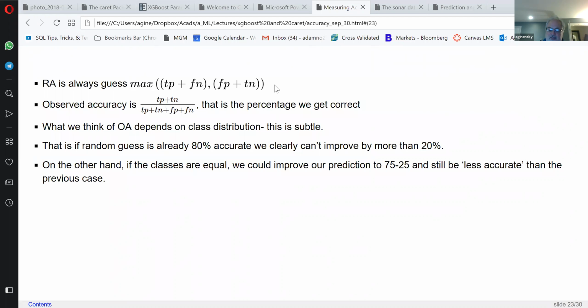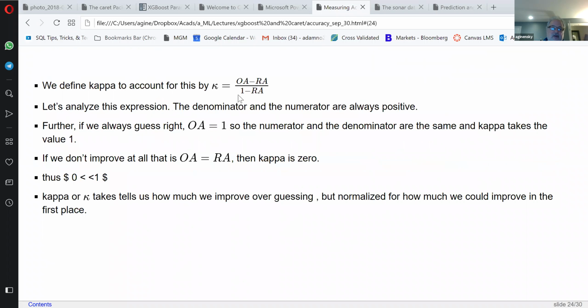So kappa is simply a way to measure that. Kappa is the percentage you do get right minus the dumb guess, so how much you improve, divided by how much you could improve, right? So if random accuracy is 80%, the most you could improve is 20%. So observed accuracy minus random accuracy has to be between 0 and 20%.